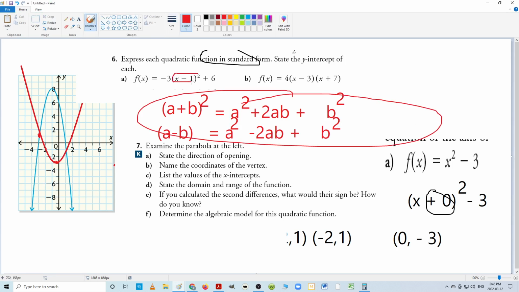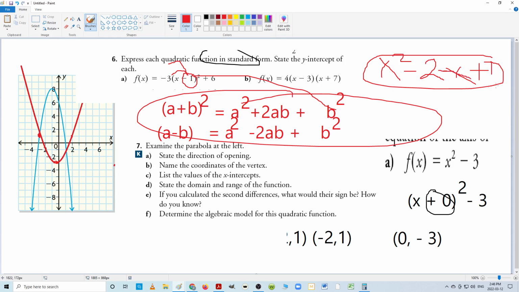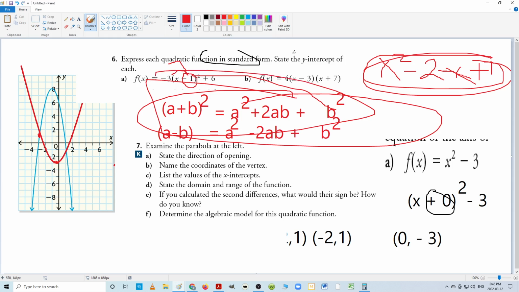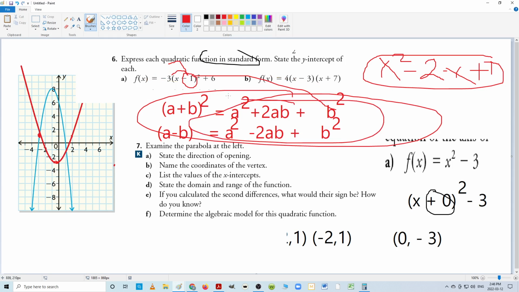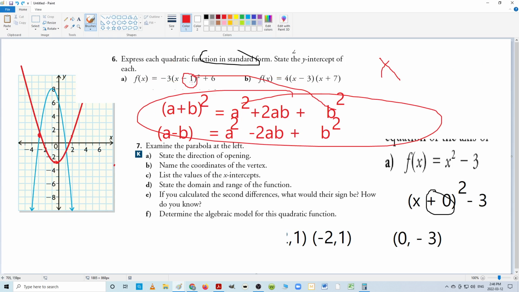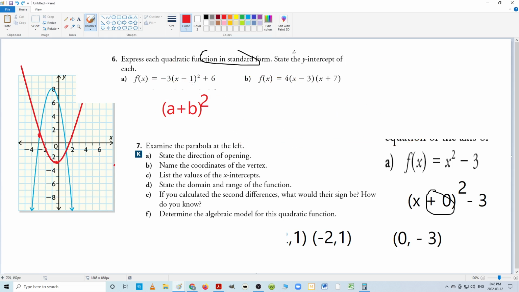And then if this is the first term, you put it in for A. If this is the last term, you put it in for B. So already I can tell you first term is going to be x squared, last term is going to be plus 1. And 2 times minus 1 times x, minus 2x. When you learn that expansion, it's a lot easier than writing it out and expanding each time. So learn this. This is the first level of binomial expansion. You'll even come up with more ways of doing it.